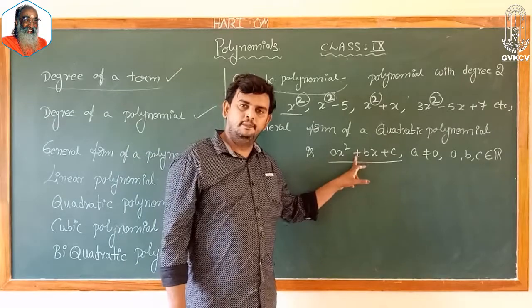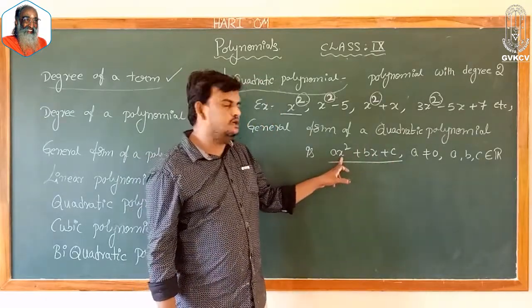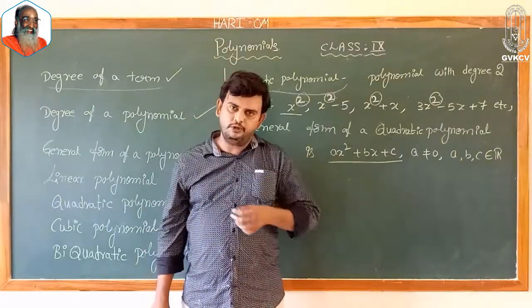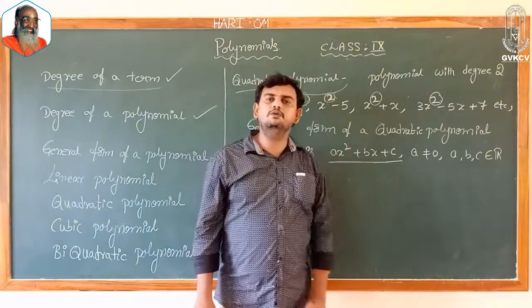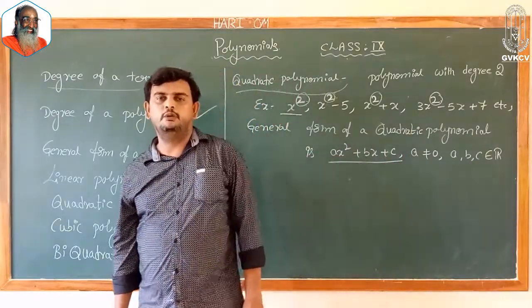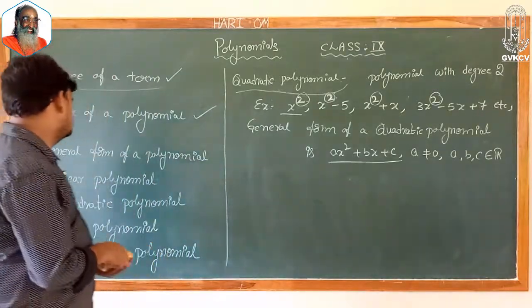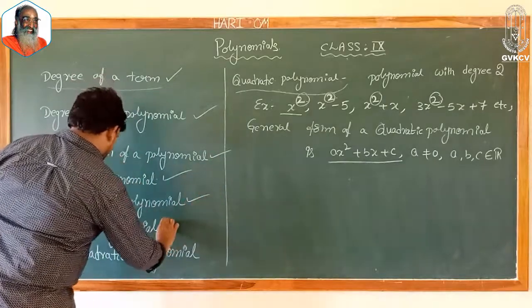Here x square is the highest variable term, and its coefficient a must be not equal to 0. Then only we can call it a quadratic polynomial. So linear is complete, now quadratic is complete.